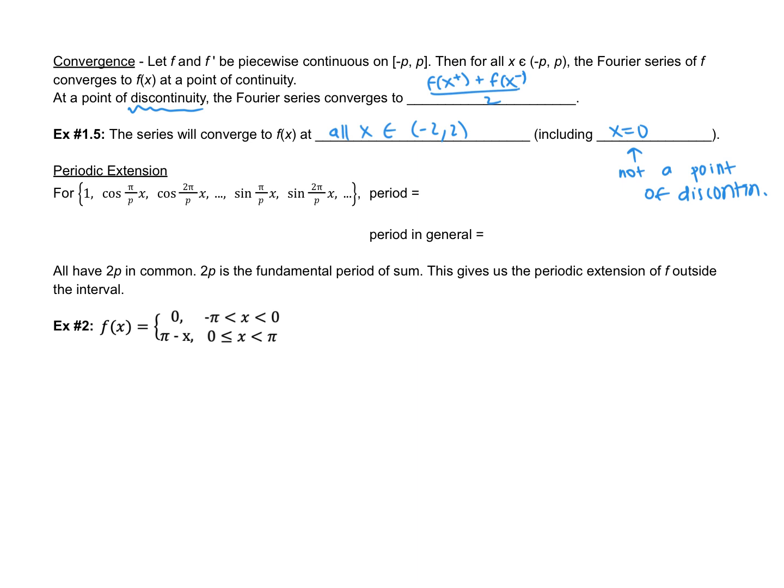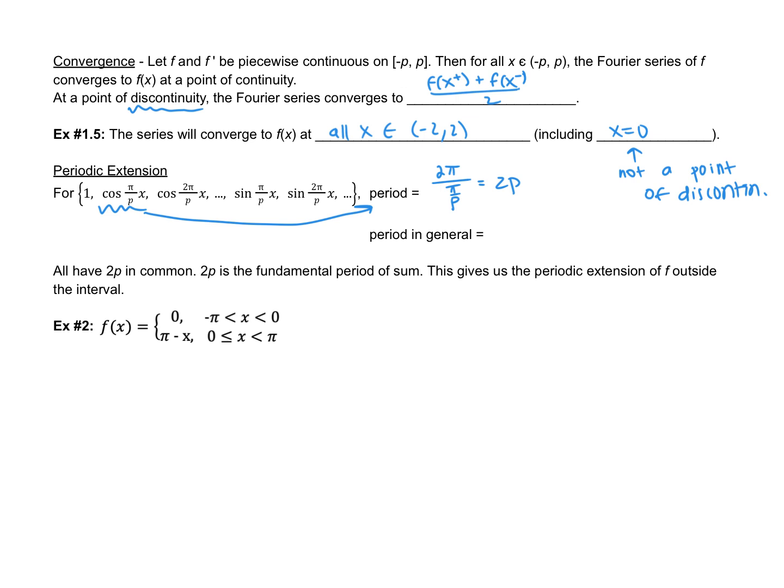Last thing for us to talk about is what is called a periodic extension. So we have all of these functions here that we already know are an orthogonal set. If we look at this function right here, just as an example, and find the period of it, well, the period would be 2 pi over that pi over p, which gives us a period of 2p.